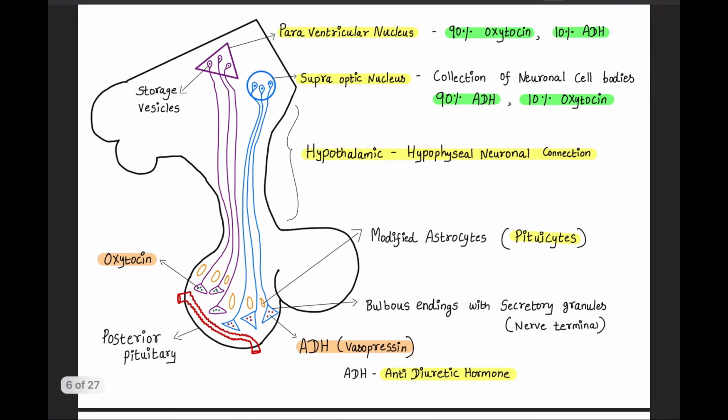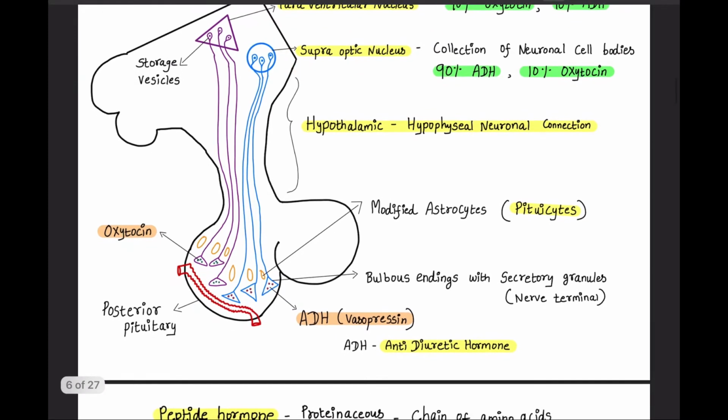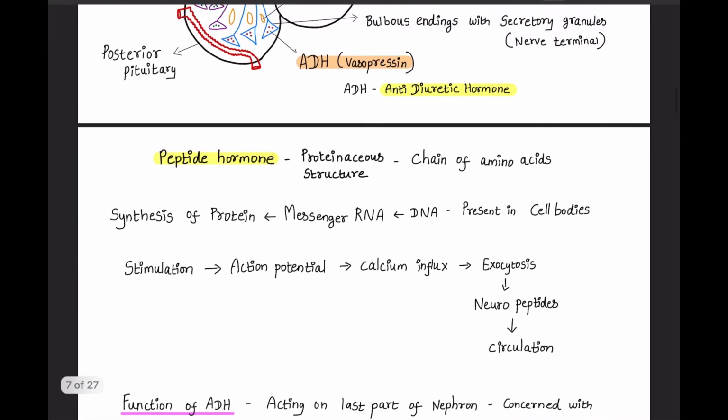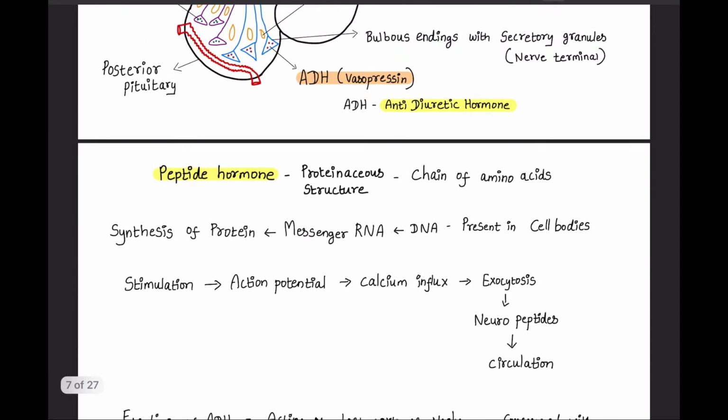Whenever the supraoptic nucleus or paraventricular nucleus is stimulated, an action potential goes down from the nucleus through the axon of the neuron, and it leads to calcium influx, and there will be exocytosis, and there will be the release of neuropeptides, that is the peptide hormones such as ADH and oxytocin, into the circulation.